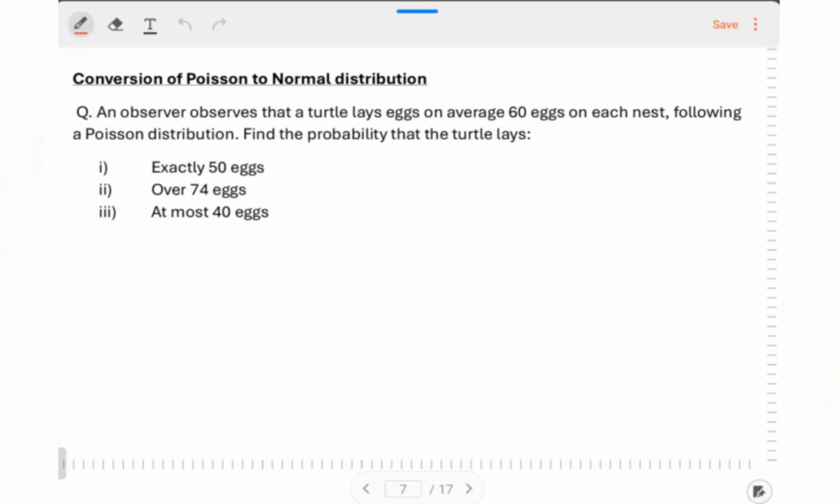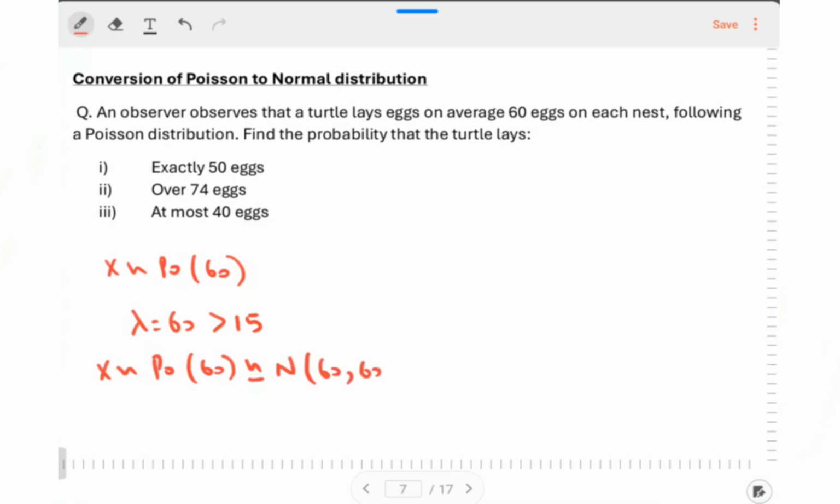An observer observes that turtle lays eggs on average 60 eggs on each nest following Poisson distribution. So X is a Poisson distribution 60. Please note कर लें lambda is 60 which is greater than 15. Therefore X is a Poisson distribution 60 which will approximately be converted to normal distribution 60 comma 60.